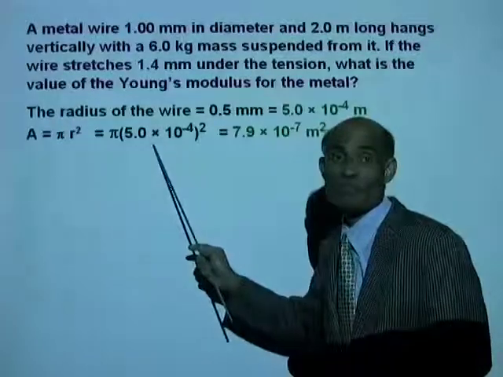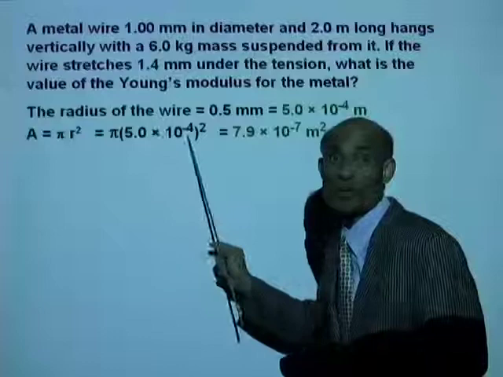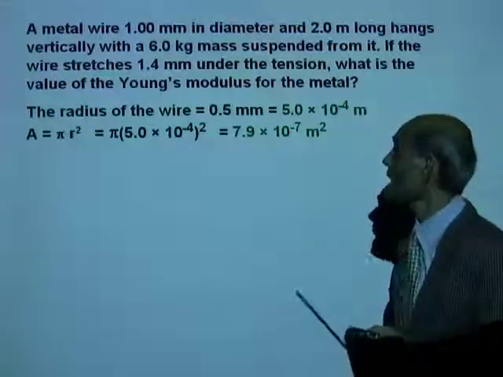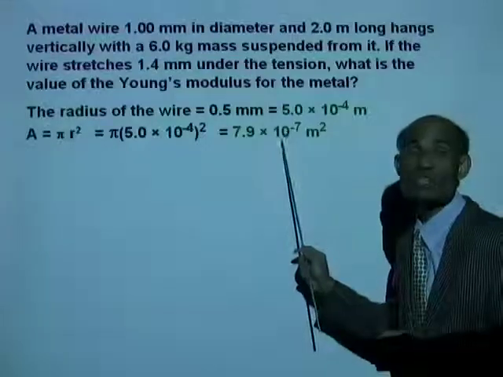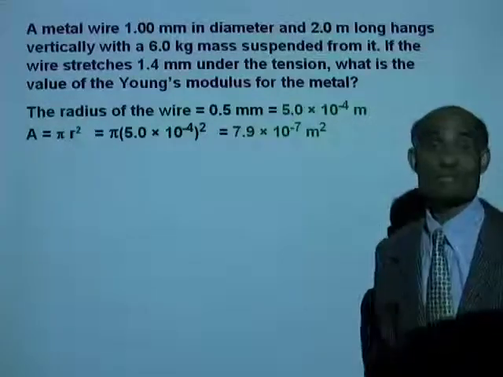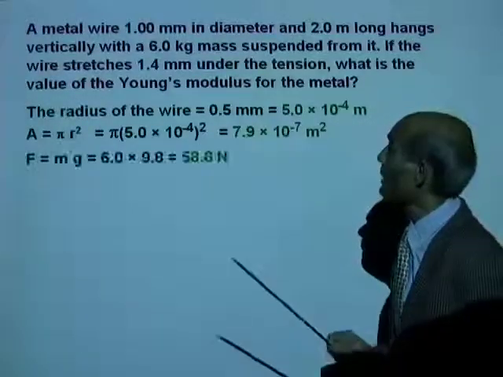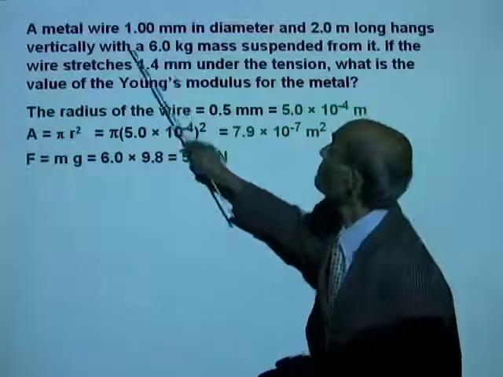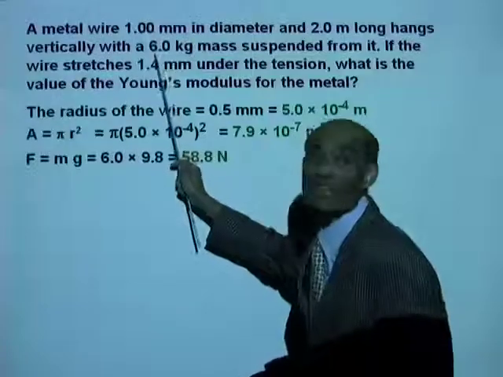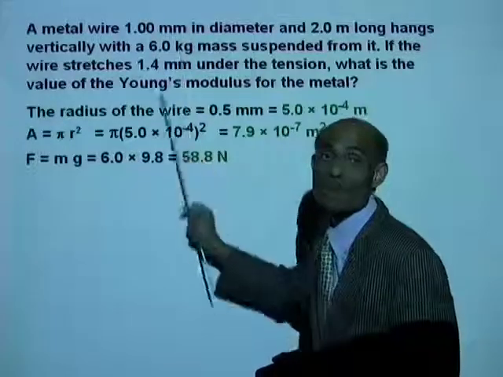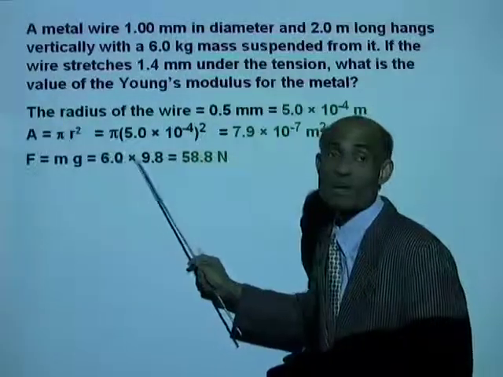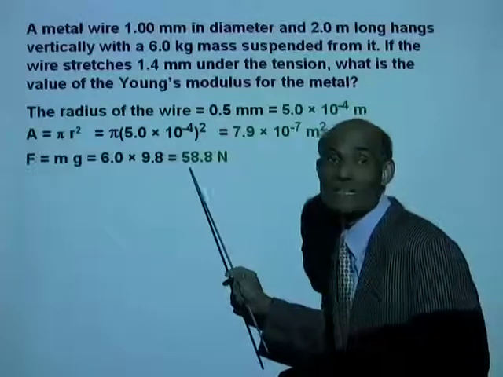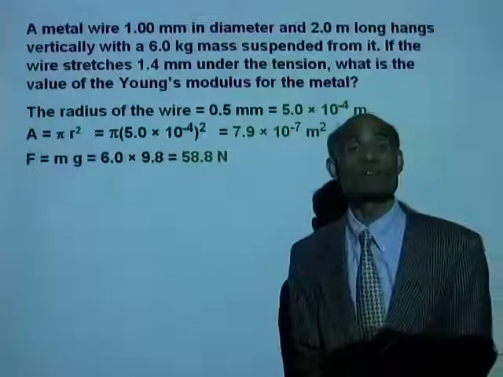Pi times 5 times 10 to the negative 4 squared, and that is 7.9 times 10 to the negative 7 square meter. And what is the force? The force acting on that wire is the weight of this 6 kilogram, which is 6 kilogram times 9.8 meter per second squared. That is 58.8 Newton.